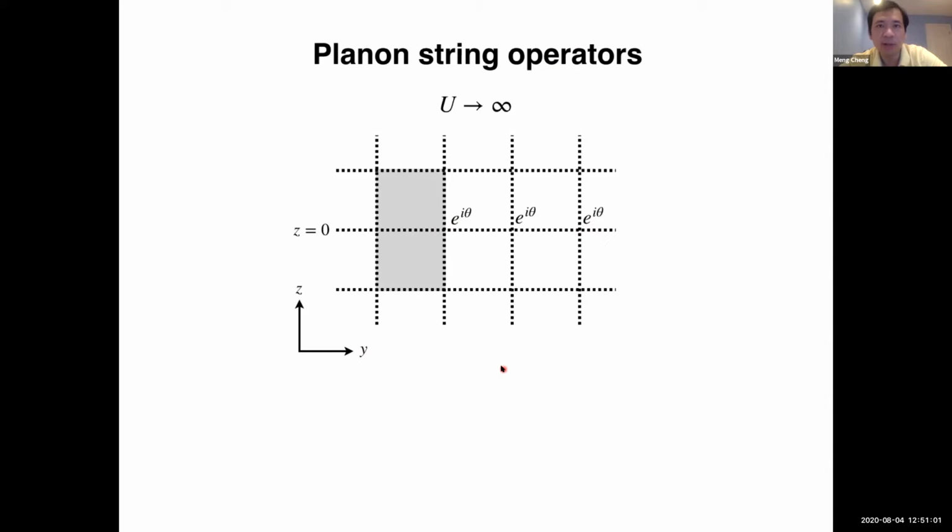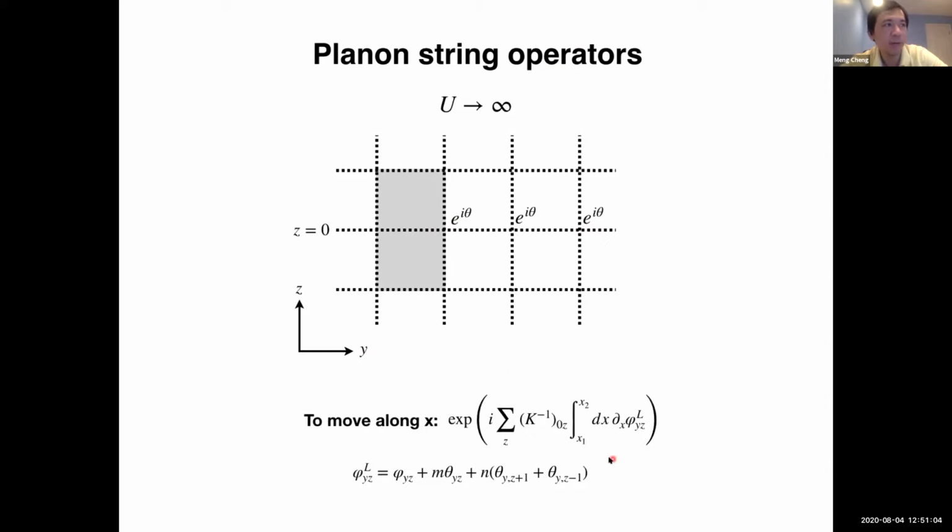And we can move it around the x direction, but you have to use a much more complicated operator. I don't want to explain the details of this operator, but just to mention that it involves all the fields along this column. So for all the sites inside these 2 red lines, you have to involve all these sites. Although once you go away from the location of the excitation, the weight of the operator on these sites decays exponentially.